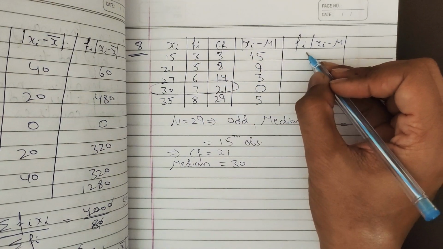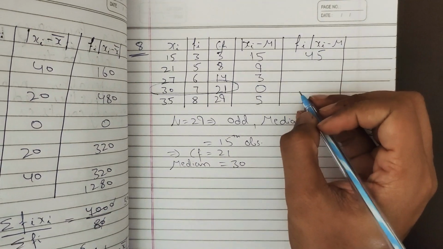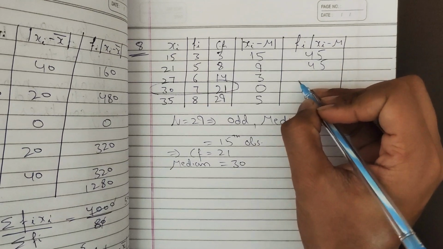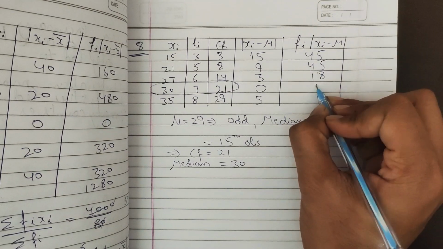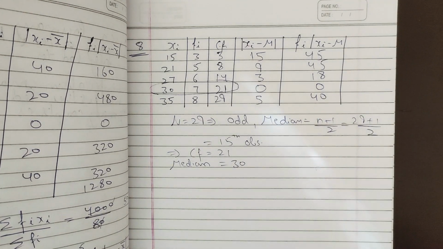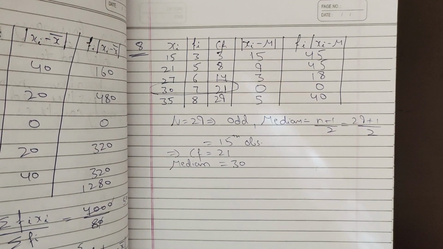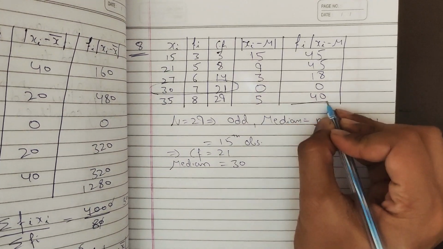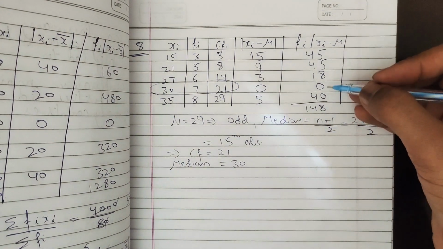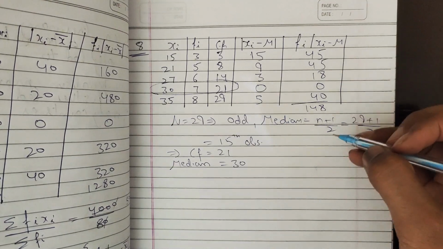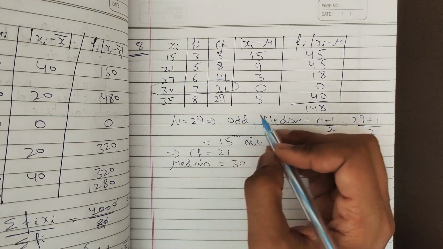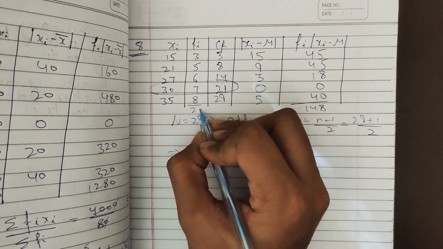So 15 multiplied by 3 is 45. 9 multiplied by 5 is 45. 6 multiplied by 3 is 18. 0. 8 multiplied by 5 is 40. So the sum of all this will be equal to 148. 40, 40, 90. 90 and 40 is 130, and this 18 makes 148. And the sum of all frequencies is 29, right?